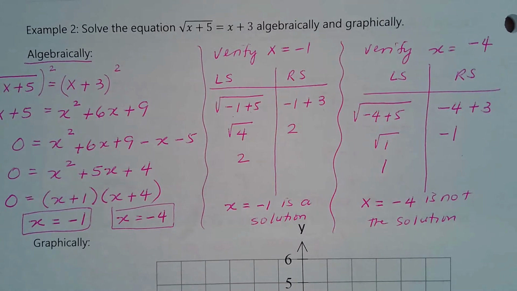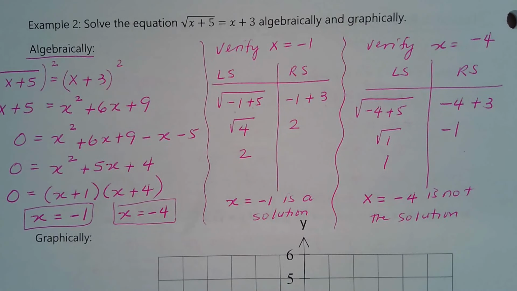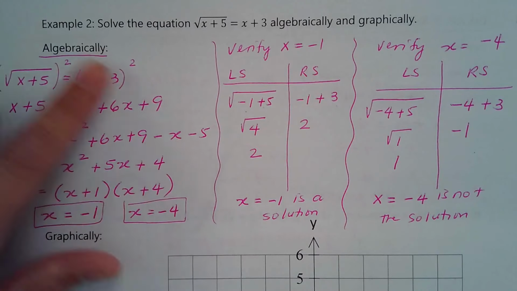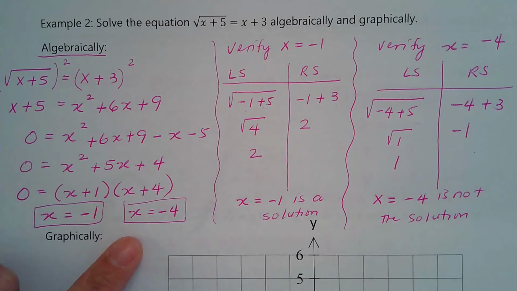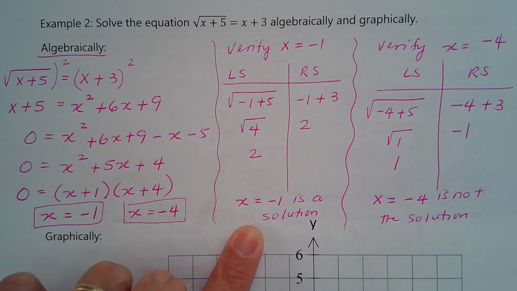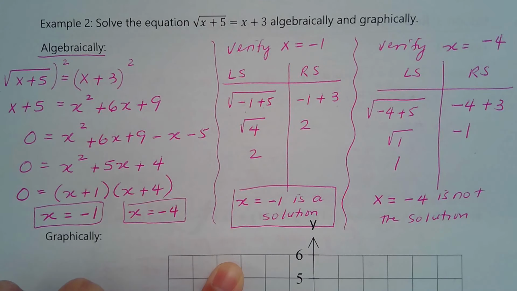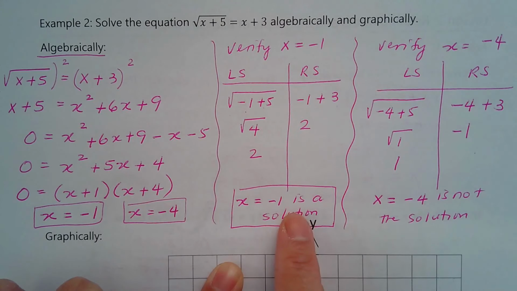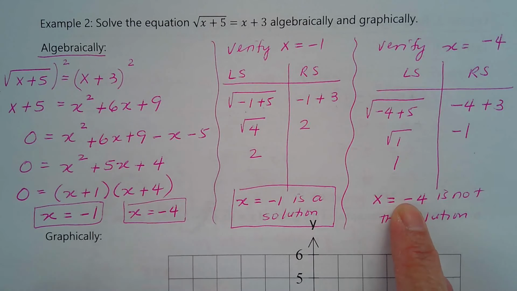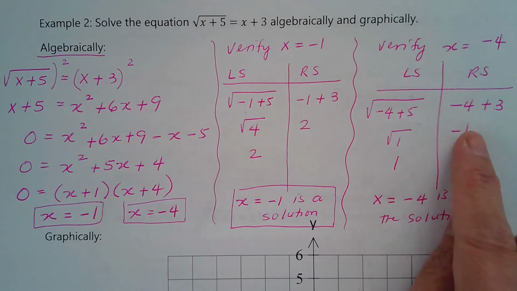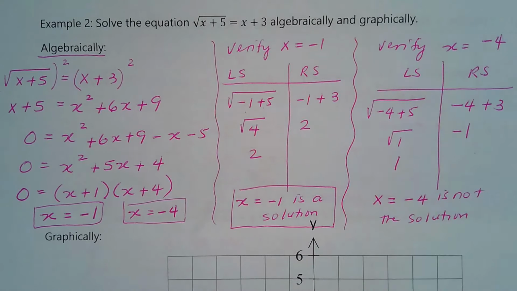So the only solution in this case, even though it says here we have two solutions, only this one is our solution. Only solution, not this one, because when we verified it, okay.